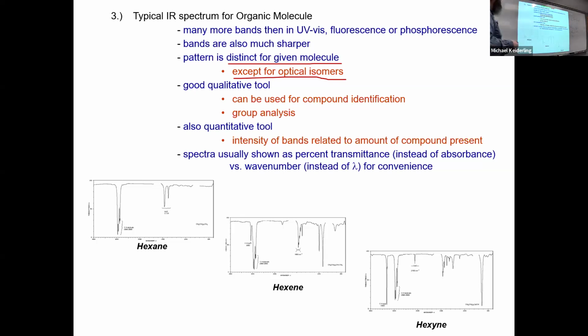The spectra are usually shown as percent transmittance instead of absorbance versus wave number instead of wavelength for convenience. This is just the usual way they get presented. You can also quickly convert them to absorbance and see the actual peaks, which is useful if you're trying to do quantitative values. Qualitatively, we tend to use percent transmittance.